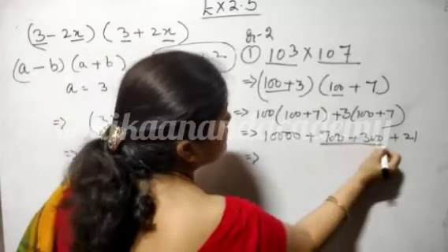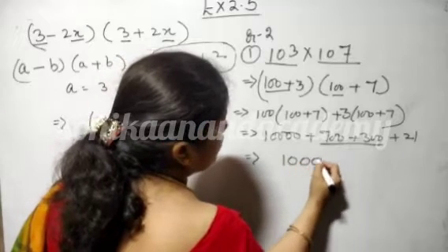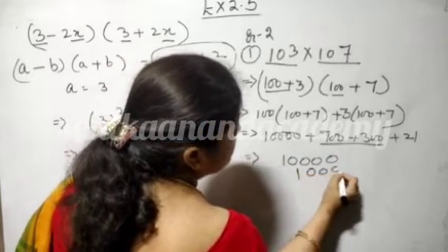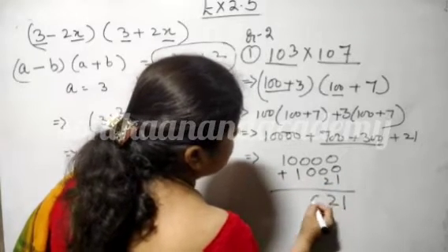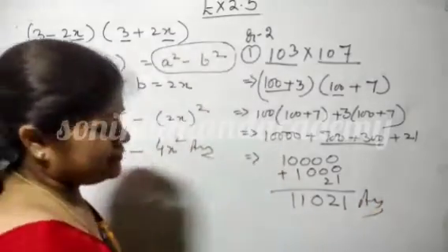Now we add: 10000, then 1000, then 21. So this is our proper answer, 10721.